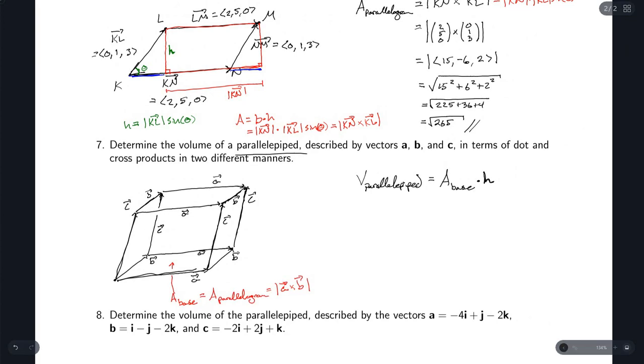The vectors A and B construct that parallelogram for the base, and so the magnitude of their cross product will be the area of that base. Now, we need to find the height, which is the perpendicular distance between the top and the bottom.